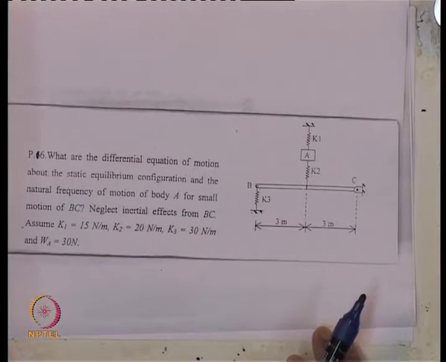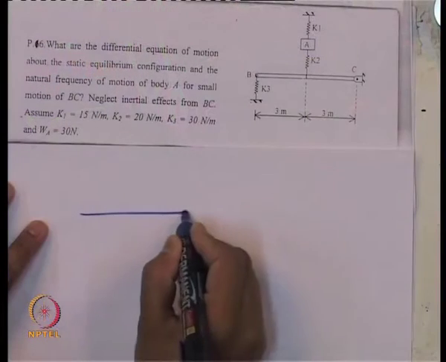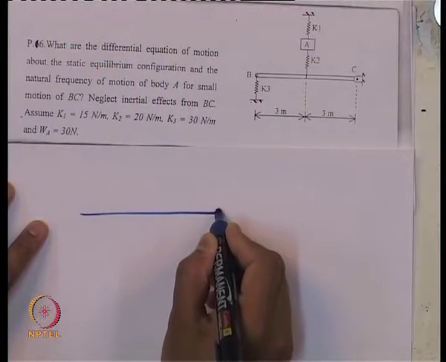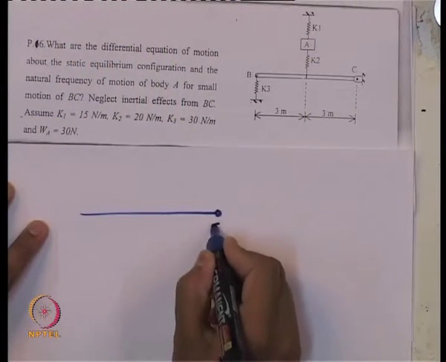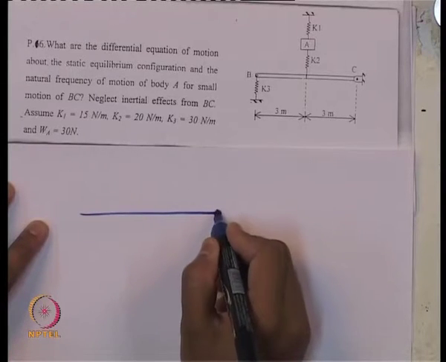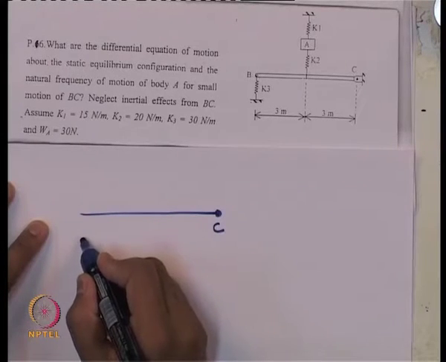Let us see now how we can formulate the equation of motion for this problem. Let us draw the free body diagram of the system, for this rod BC. C is a hinge support.